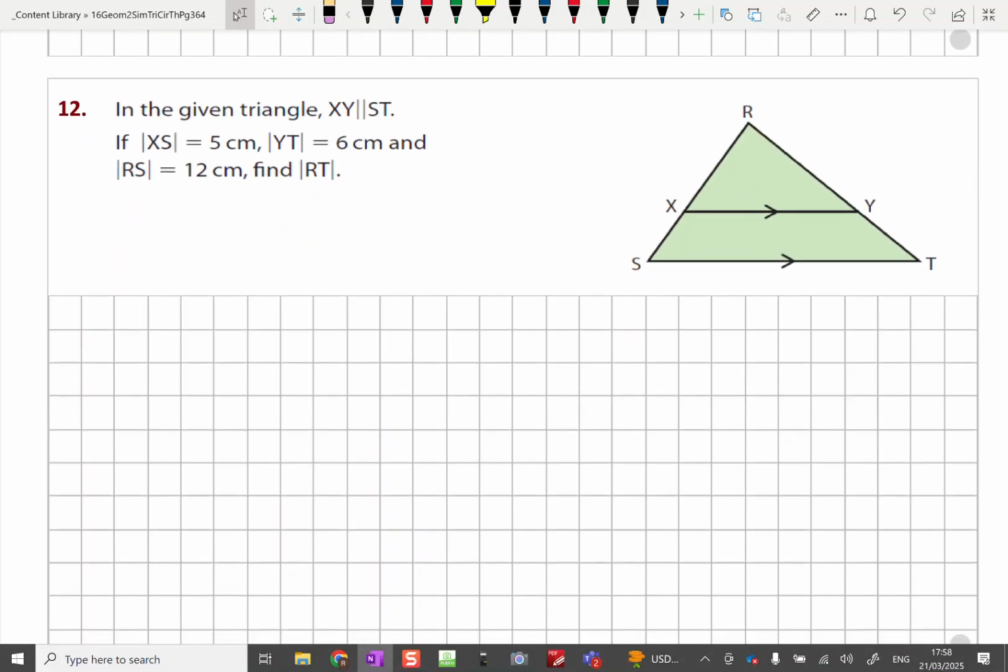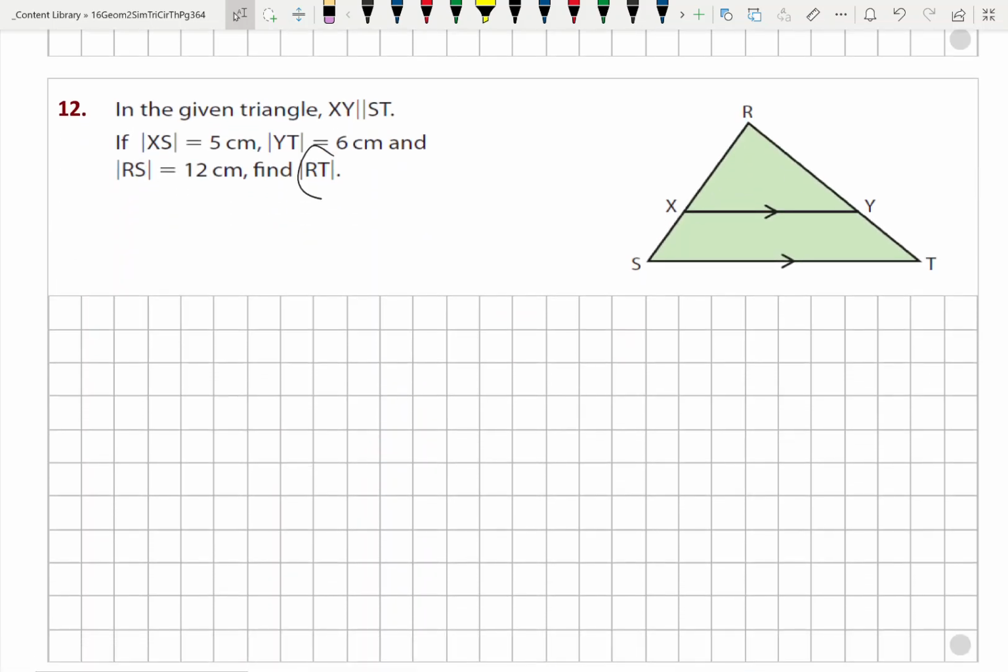Okay. Better look for some question here. RT is our variable. RT. This bit. What's going on? Oh, they've given us numbers and they haven't put them on. For once, looking at the picture isn't enough. So we do have to split our attention here. So XS, and we have to sub in onto the diagram that this bit is 5. Y to T is 6. A little bit longer over here because it's more slanty.